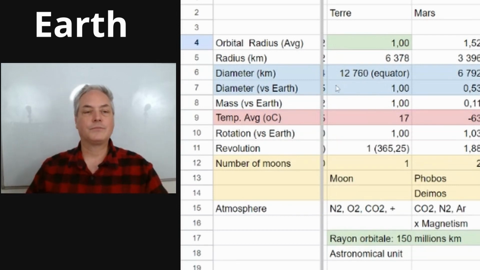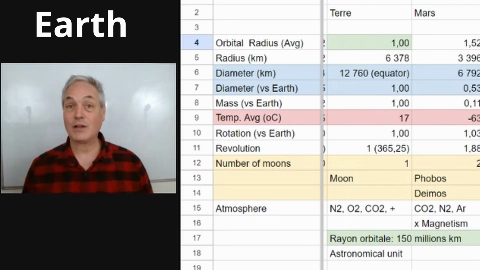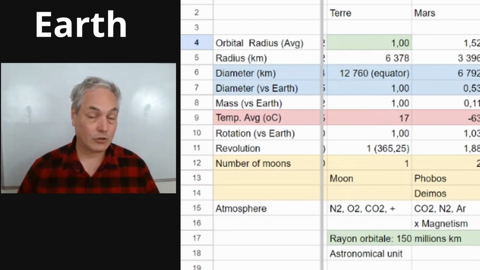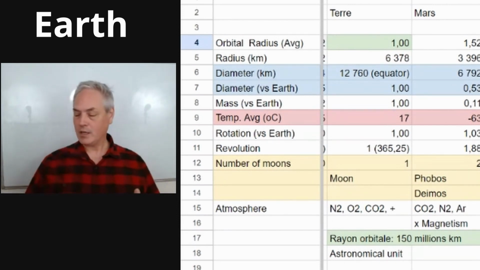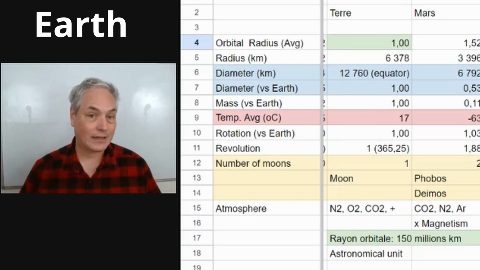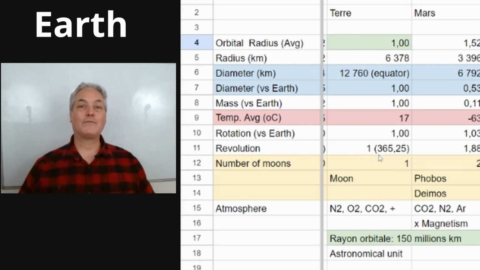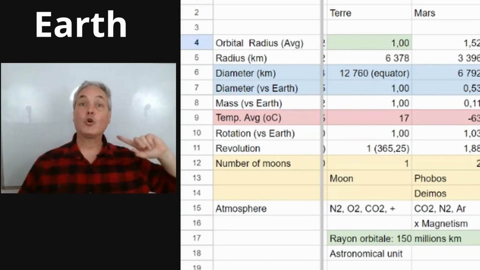So the diameter of Earth is 1. The mass of Earth is 1. We have an average temperature of 17 degrees. Now we have greenhouse gases in our atmosphere, which is important. That keeps our average temperature above 0. And that's how we can have liquid water and vapor, as well as ice, which allows life to happen. It takes about 365.25 days to go around the sun.